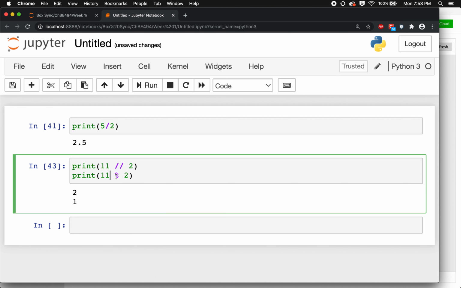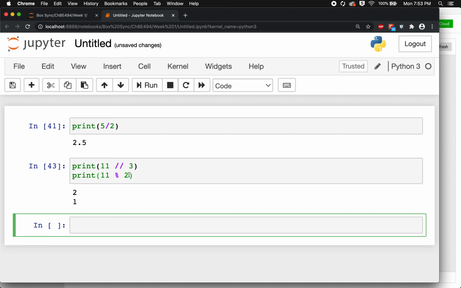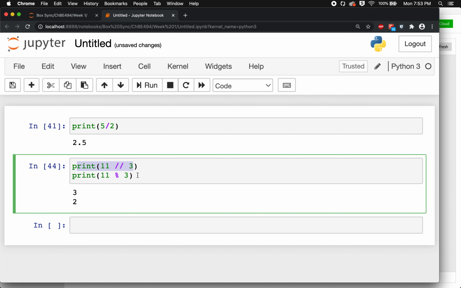And then let's do 11 % 3. It's going to go into 11 3 times, and my remainder is 2. So that's the integer division, and that's the remainder. You can play lots of tricks with this mod operator, particularly with for loops and doing indexing operations, which we'll talk about a little bit later in class.